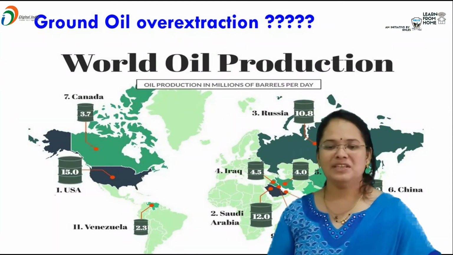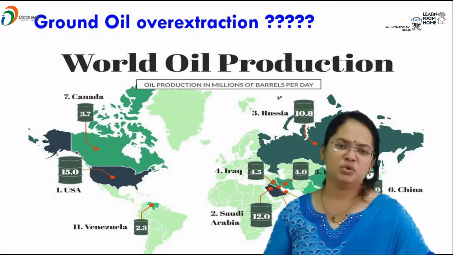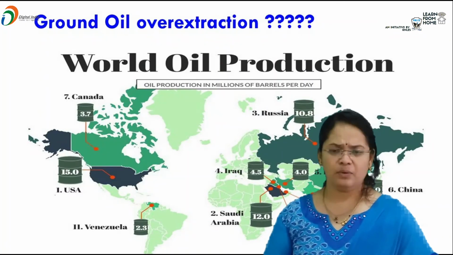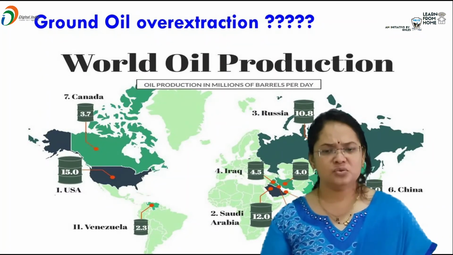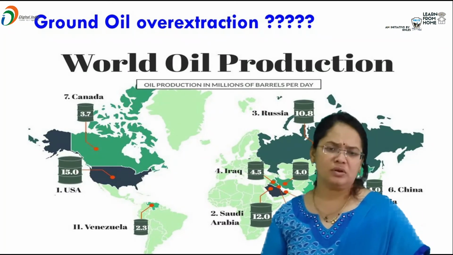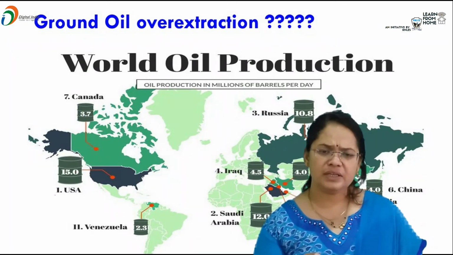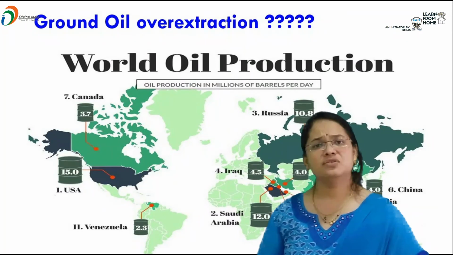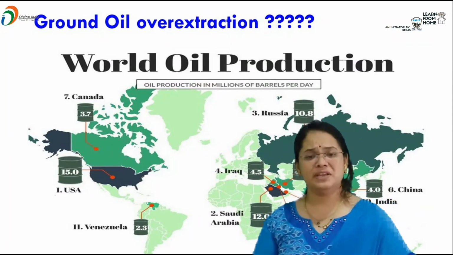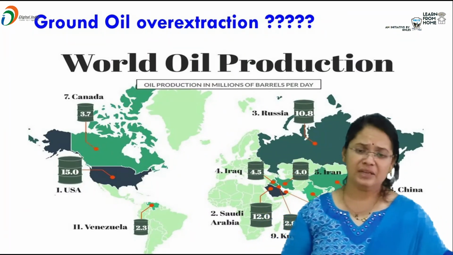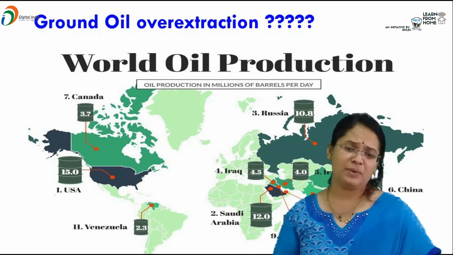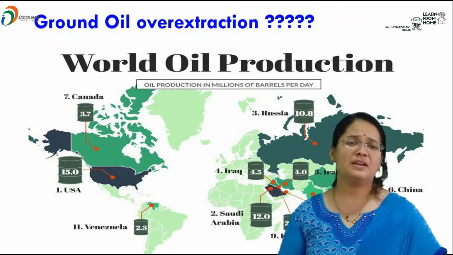See here, in case of China it is 4.0 million barrels per day. Okay, then Iran is doing 4.0 million. Then in case of Russia, it is trying to extract 10.8 million barrels per day. Then Iraq is 4.5 million barrels per day.